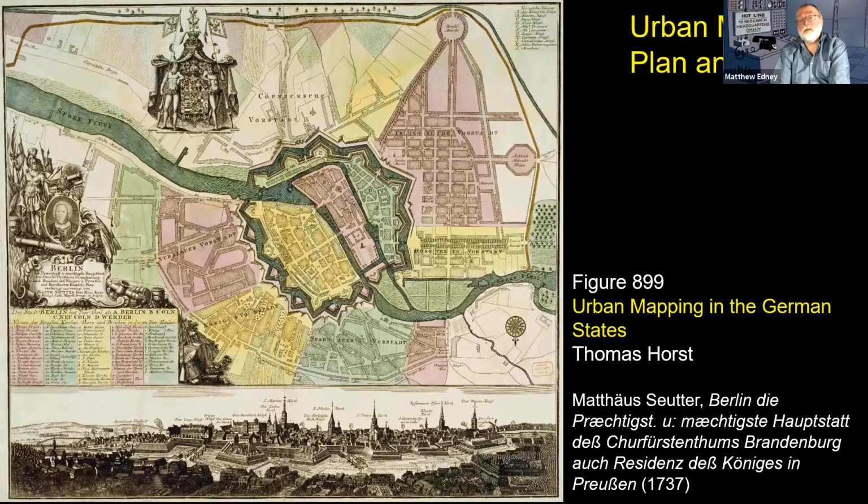Well, the thing about urban mapping in Germany is that there are two kinds of cities in the 18th century in Germany. They're the old imperial cities, Augsburg, Nuremberg, places that have been long established, centers of industry and trade. Nuremberg and Augsburg are where the German print trade was based, for example.